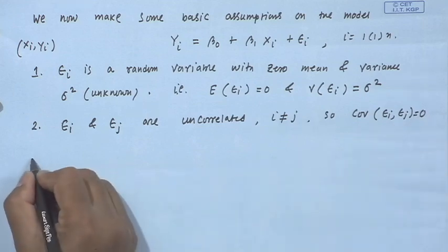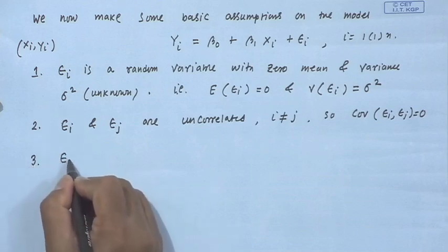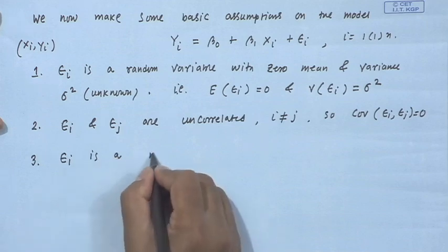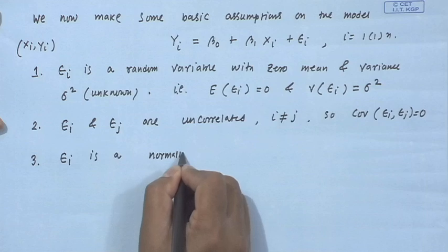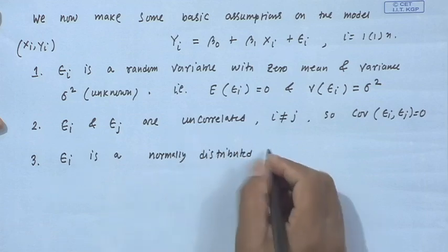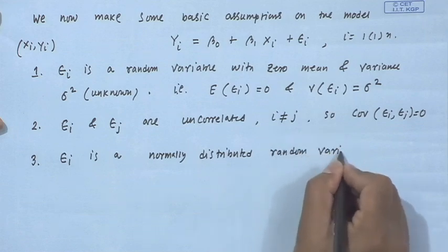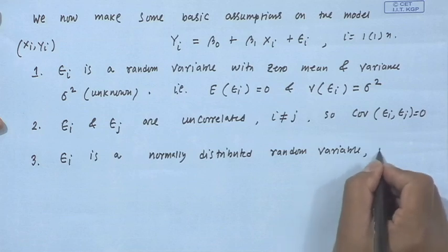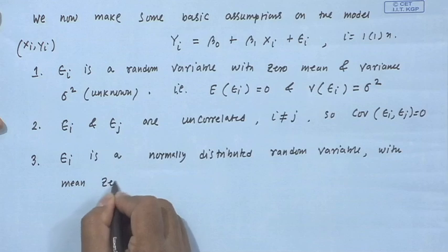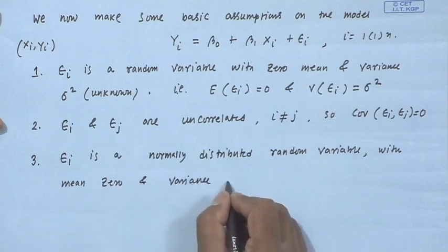The third one is that epsilon i is a normally distributed random variable with mean 0 and variance sigma square.